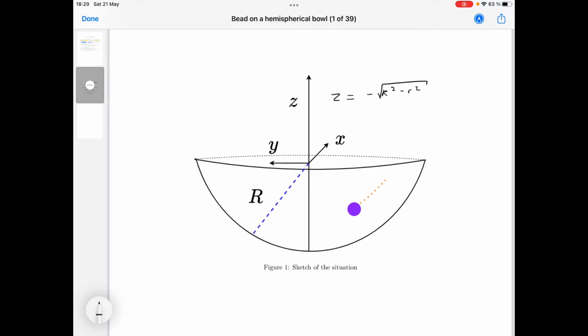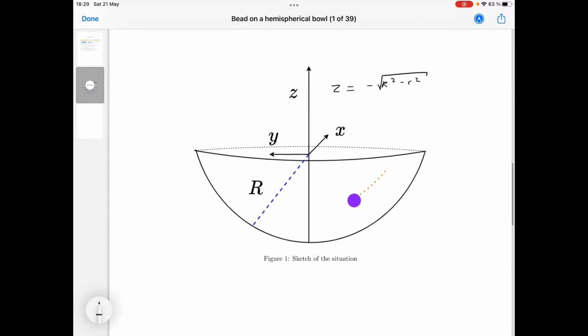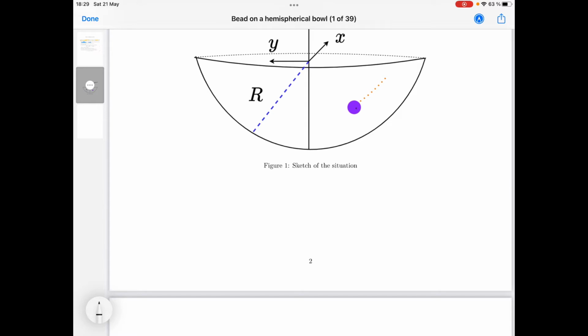To do this we first have to find the forces acting on our bead, and we know that there are two forces: the weight, and the normal force that is exerted by the bowl on the bead. The normal force will point in the direction perpendicular to the surface at that point.